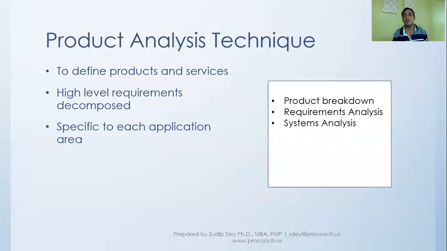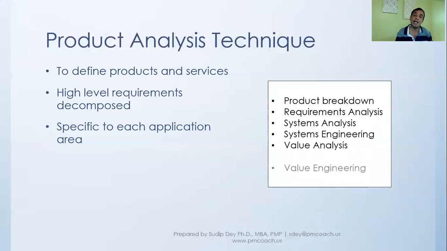Requirements analysis and systems analysis are some techniques we'll use to analyze the products. There are also systems engineering and value analysis, where from the value point of view we analyze and break down the product. So there are different techniques available to do the product analysis.